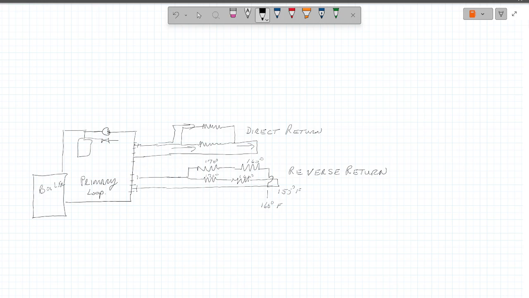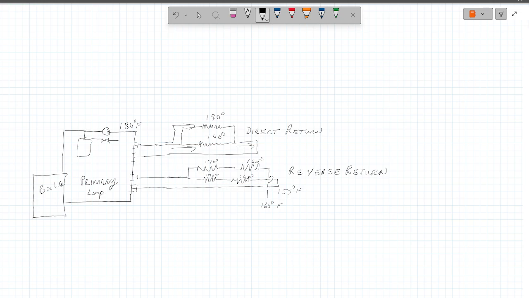But also, when we mix this, we're at 180 degree water. That's not right. Let's do that right. 180 degree Fahrenheit water there. As this one drops, let's make this one 170 average. 160 is the average.